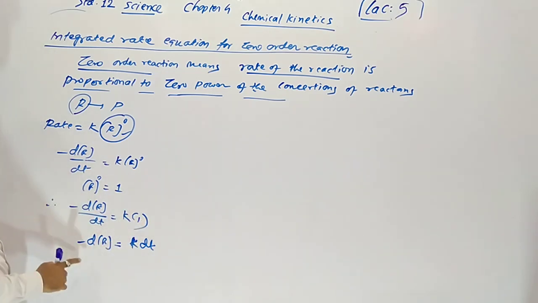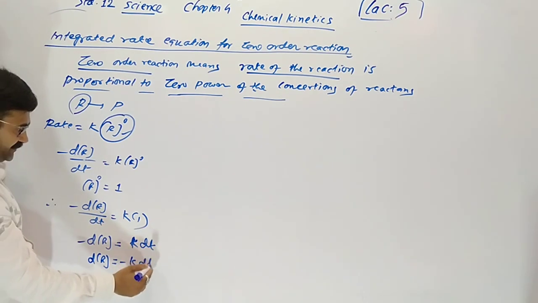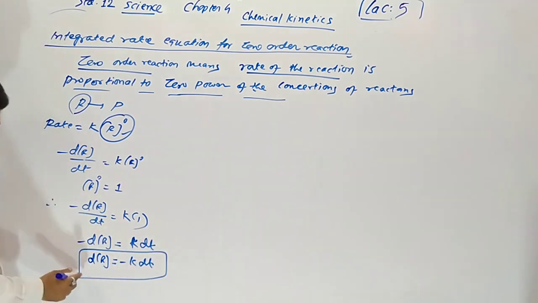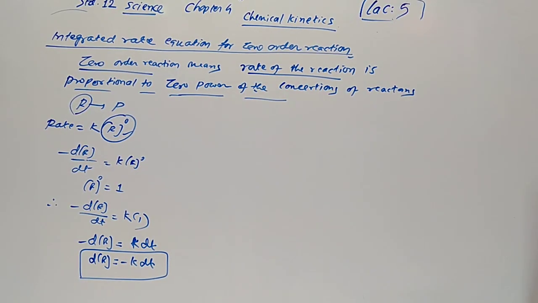Dt comes here, minus also on the other side, so dR is equal to minus k into dt. Just as we take antilog to remove log, when we remove the derivative, we apply integration.